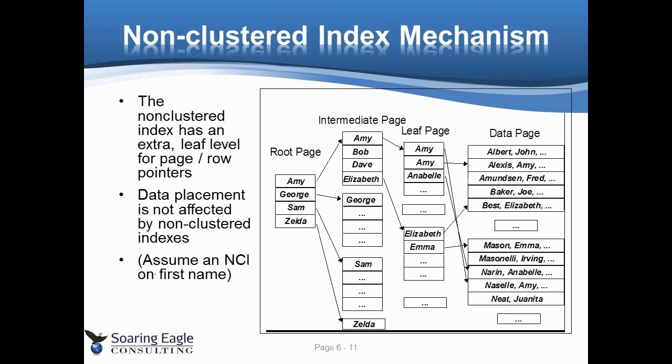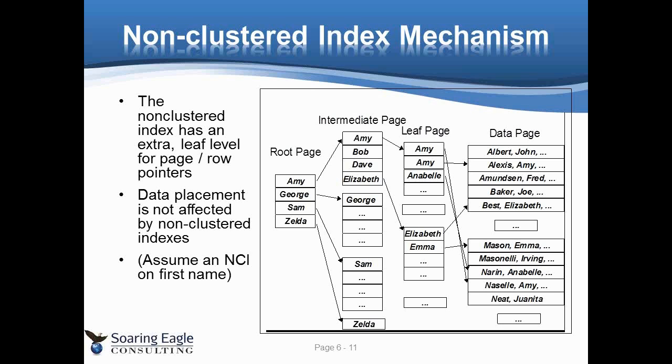Now, because we can only physically sort the data one way, we need an additional way of bringing information back. That additional way of bringing information back is our non-clustered index. For the non-clustered index, what we have to do is find every individual row of data. Because we need to be able to find every individual row of data, we are going to have an entry in the leaf level for each row.